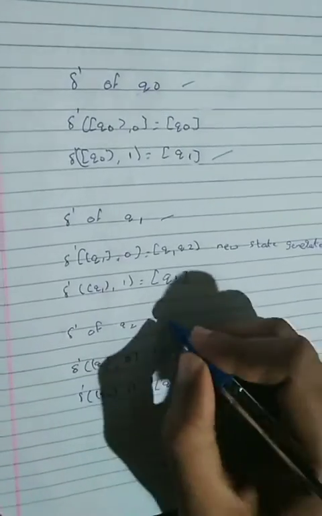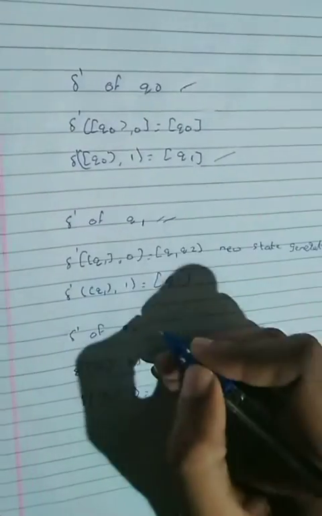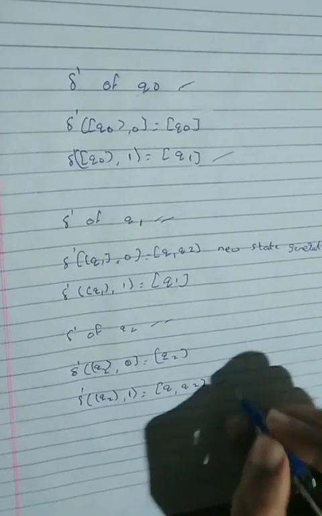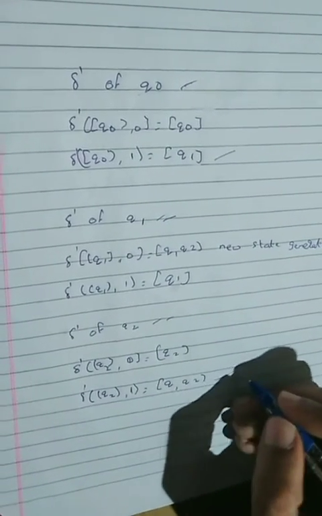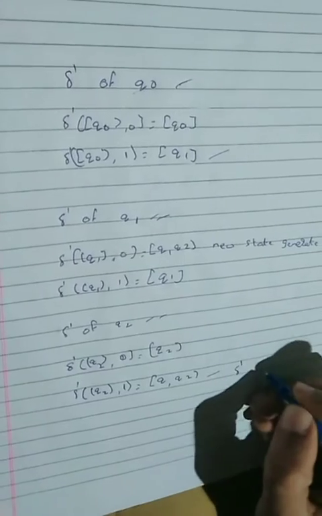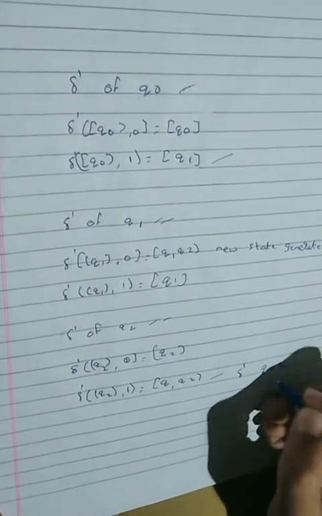Now we have completed Q0, Q1, Q2, but we have generated a new state. Now we have to obtain the delta dash transition for Q1, Q2 also.